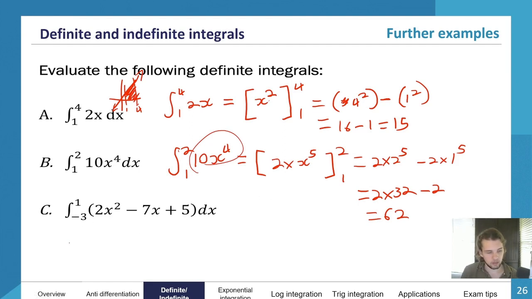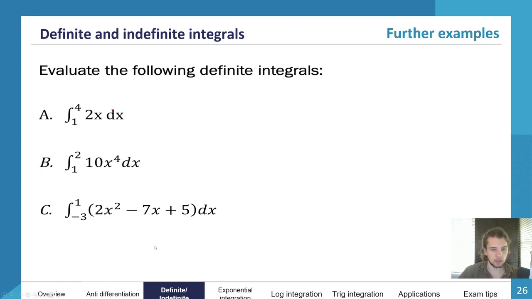Now lastly, here we have a much more complicated one that we could decide to split up into multiple different parts. I'll rub some things out so we have the space. So first I'll just do the basic integral. Now you don't have to separate it into multiple separate parts if you find that too laborious, but you can.